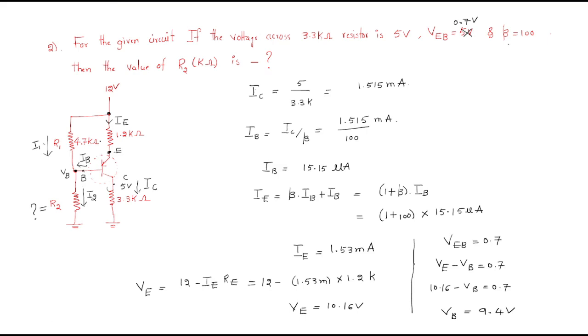To find this current, this voltage minus this voltage, divided by this resistance. So that is 12 volts minus VB by R1.